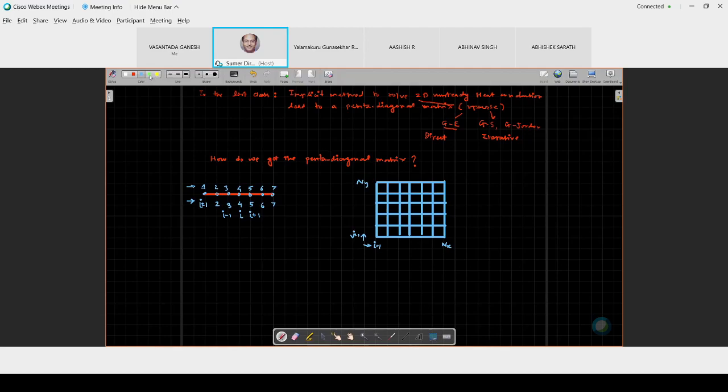Now in these cases, the nodes have specific indexes.